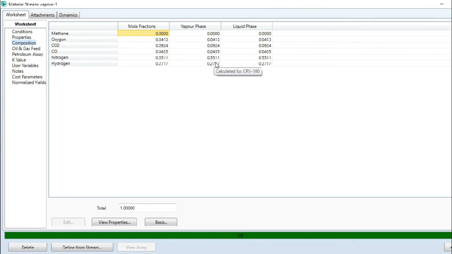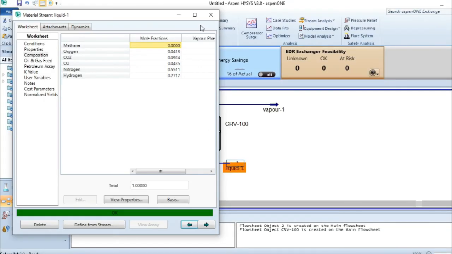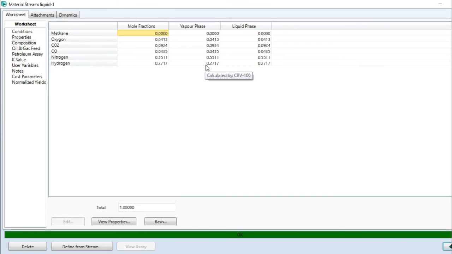It's really the same thing. So let's check the liquid and see any difference. Still the methane. So using reaction 1 and reaction 2, both reactions have the same composition, both in liquid phase and in vapour phase.